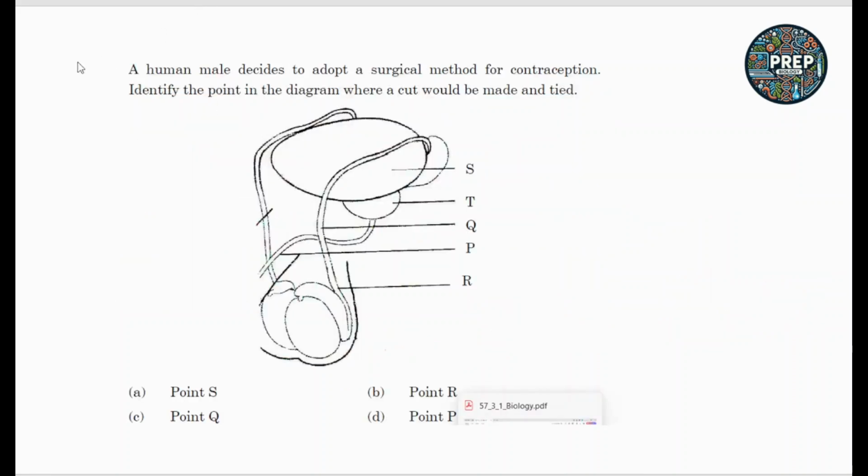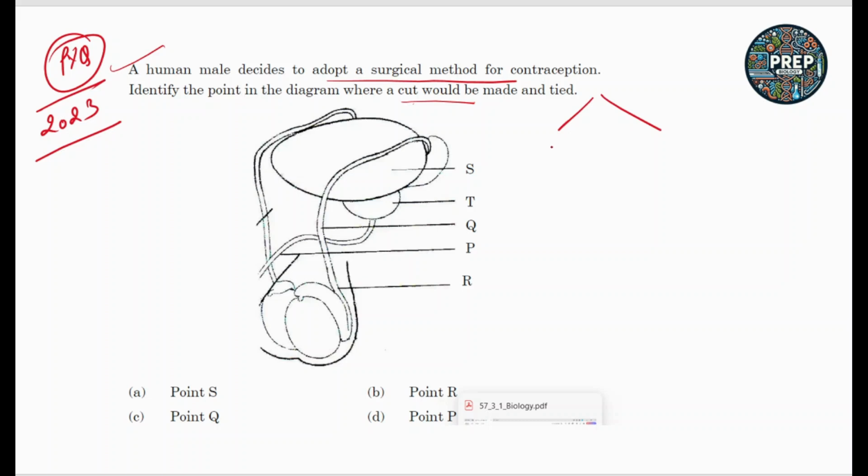Okay, next question is, a human male, this is a PYQ. I think in 2023 or 2022, this question was asked in your CBSE class 12th board examination. A human male decides to adopt a surgical method of contraception. Identify the point in the diagram where a cut would be made and tied. We know that the surgical method of contraception in males is vasectomy, which we already discussed, and in females it is tubectomy.